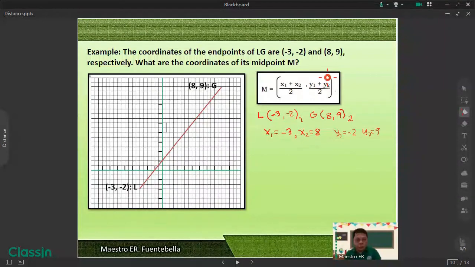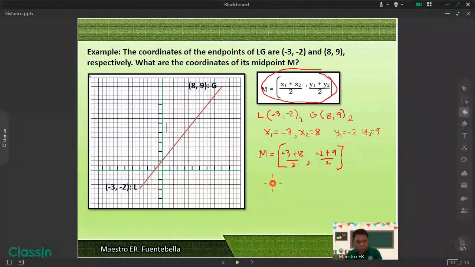So let's substitute to the given formula of the midpoint. So M, or the coordinates of the midpoint, is equal to x sub 1 is negative 3 plus x sub 2 is 8 over 2, and for the y, y sub 1 is negative 2 plus 9 over 2.